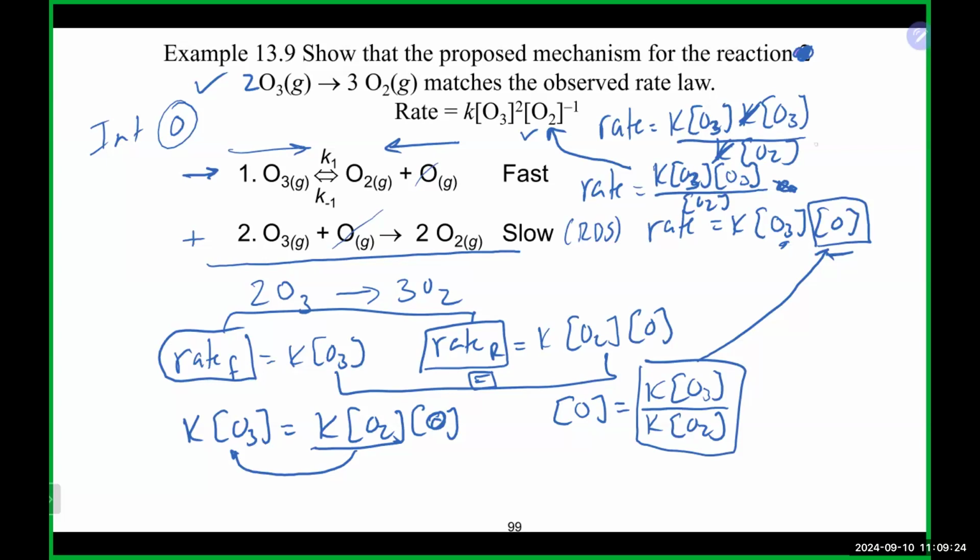That would be [O3] squared divided by [O2] in that case. And something to the minus 1 is 1 over it, so that basically is the exact same. So they actually do match if you use the correct subscript there when you copy it back over. So yep, they do match, and it is a plausible mechanism.